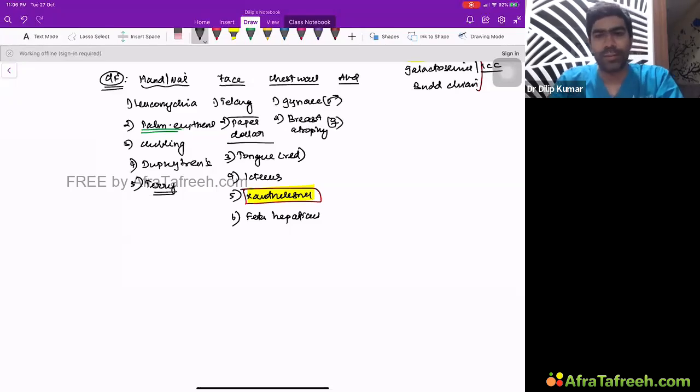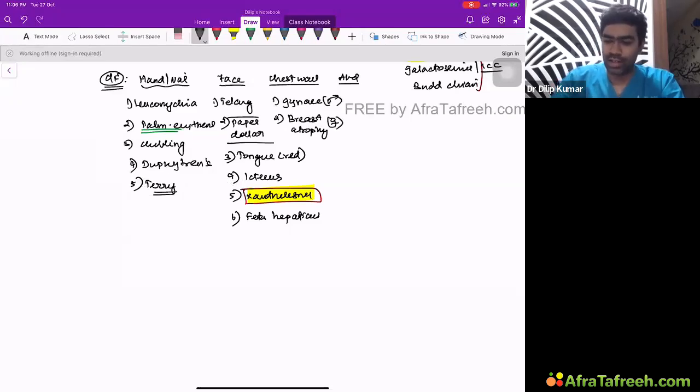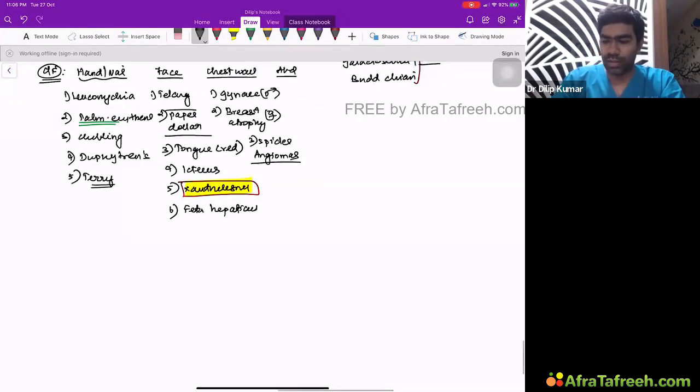And third, they can have spider angiomas, which are very commonly seen on the chest wall. That is again due to hyperestrogenism. Spider angiomas, clear? Dilated arteriole with a spider leg-like appearance. Also called spider naevi, isn't it?